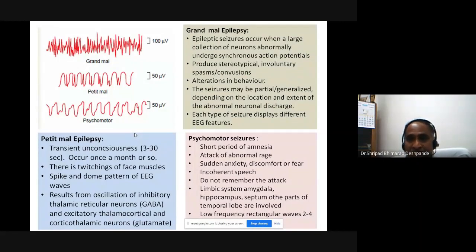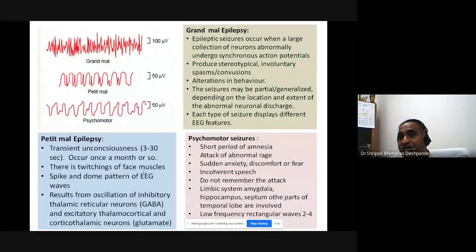Such a thing may happen very frequently in some individuals, and in some maybe once a month or so. The loss of consciousness is only for 3 to 30 seconds, you can just say within a minute.